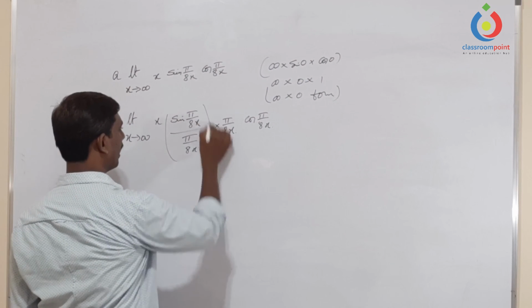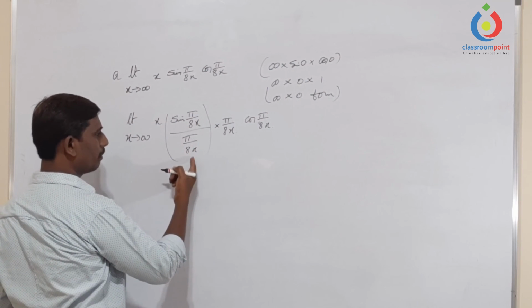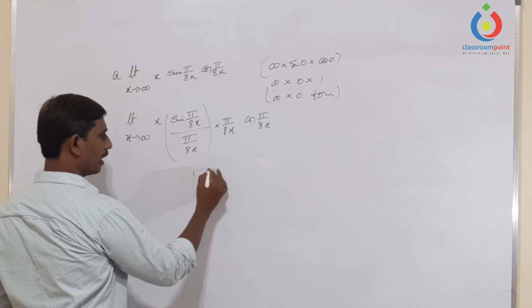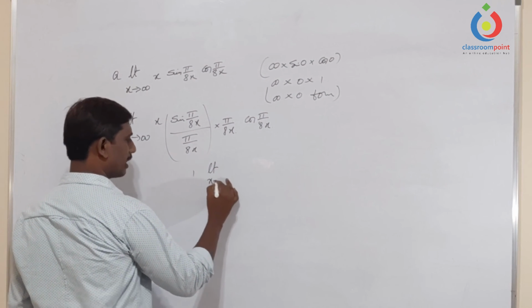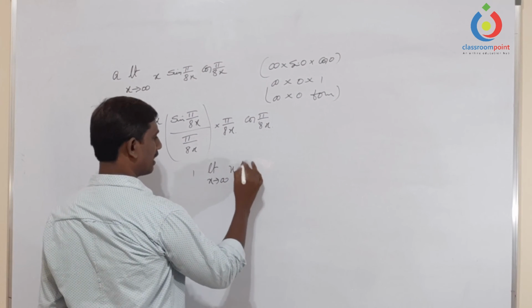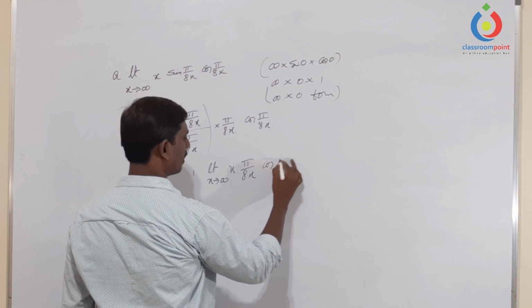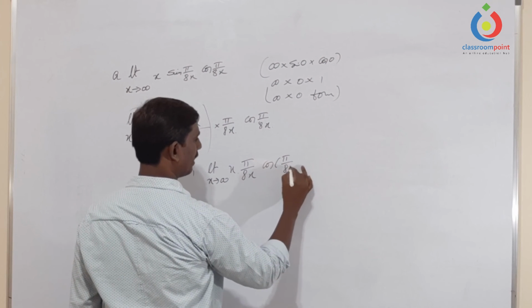Now, check here, 0 by 0 form, so this is 1. Remaining limit x tends to infinity, x into pi by 8x into cos pi by 8x.